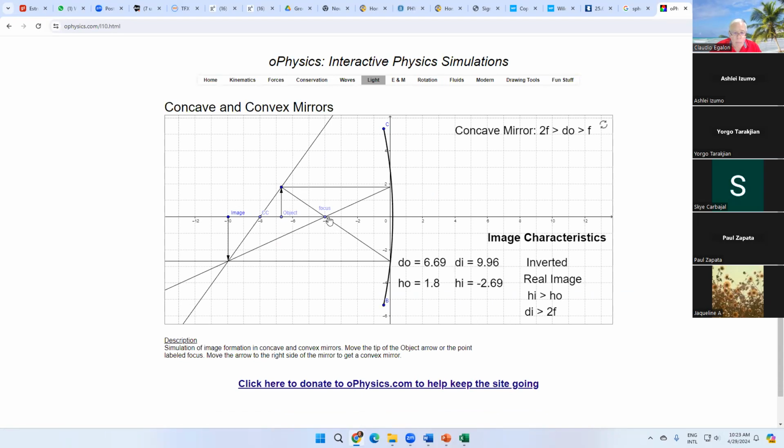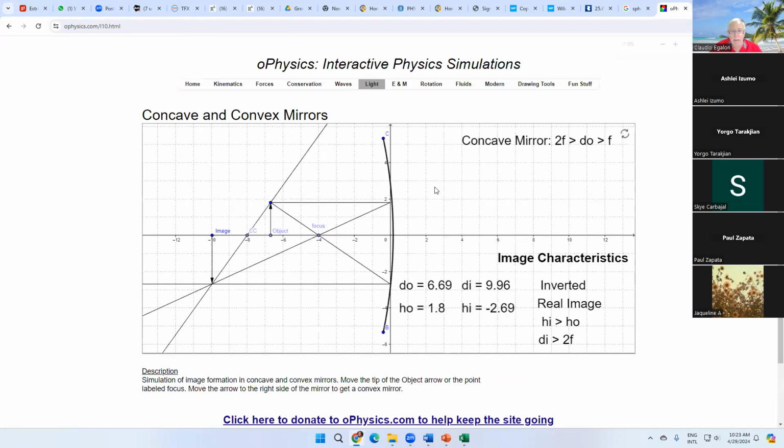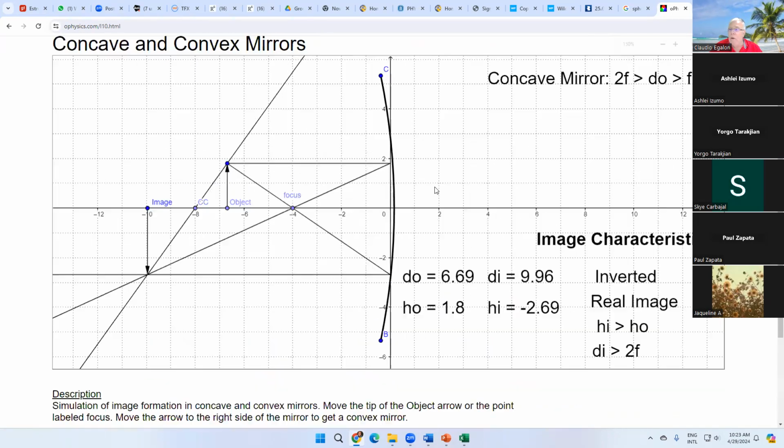Here's the focal point. Here's the center of curvature. CC stands for center of curvature. The focal point is at position -4. The center of curvature is at position -8. Notice that the focal point is half the distance of the center of curvature, right?